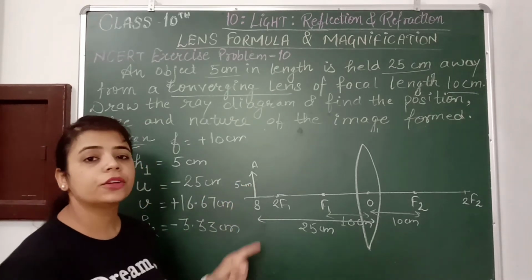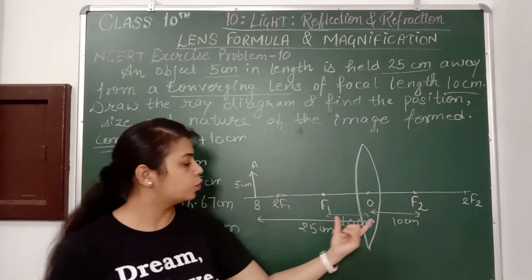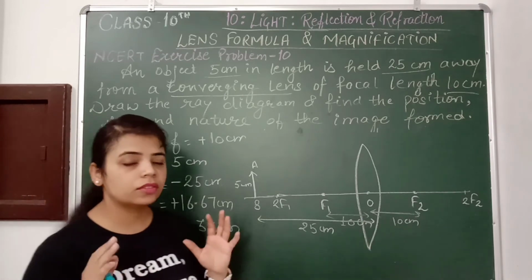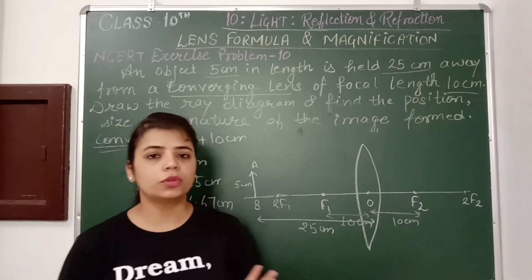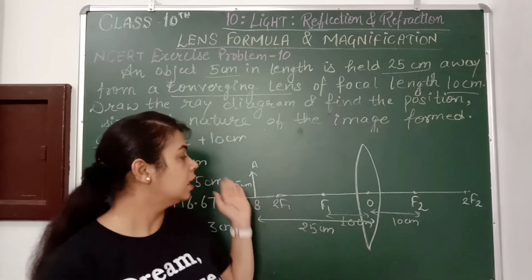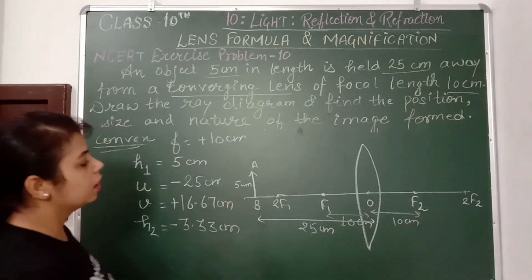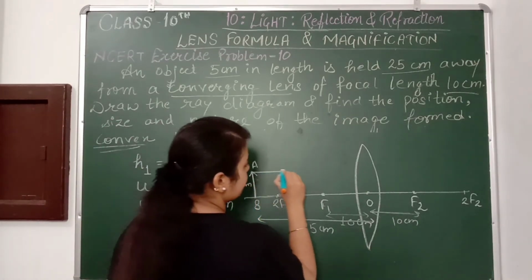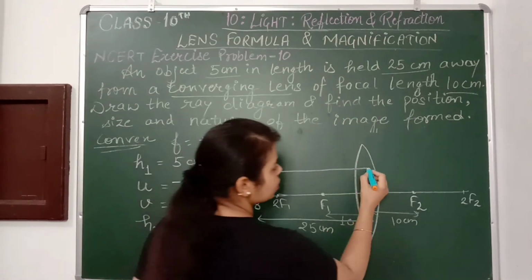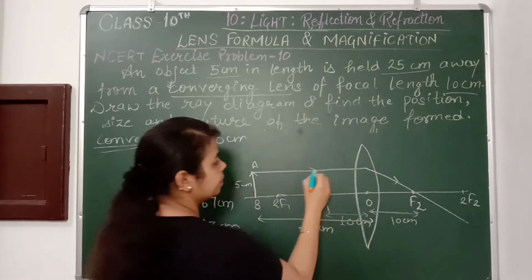Keep in mind that you don't need to draw the exact ray diagram using these measurements. Just draw the ray diagram as you draw without any measurement and mention it there what are the values given to you. Now a ray which is parallel to the principal axis will pass through the focus after refraction.